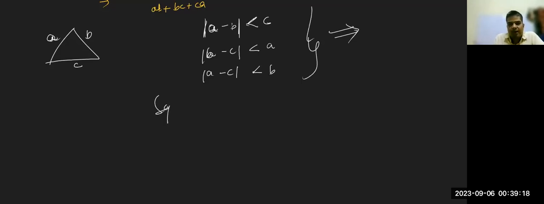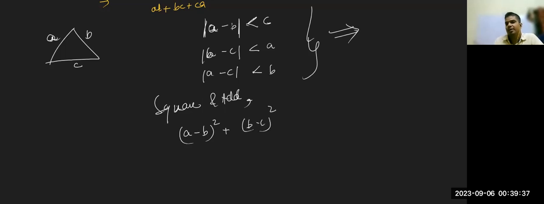We will square and add. Then we will reach a conclusion, which is (A minus B) square plus (B minus C) square plus (A minus C) square, since squaring doesn't make it negative.